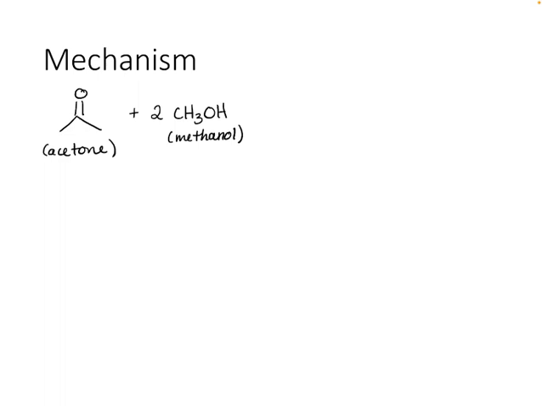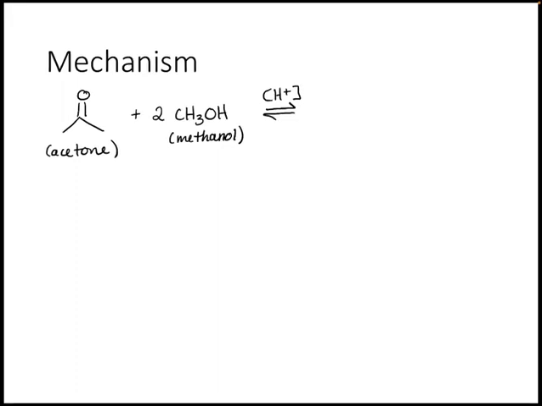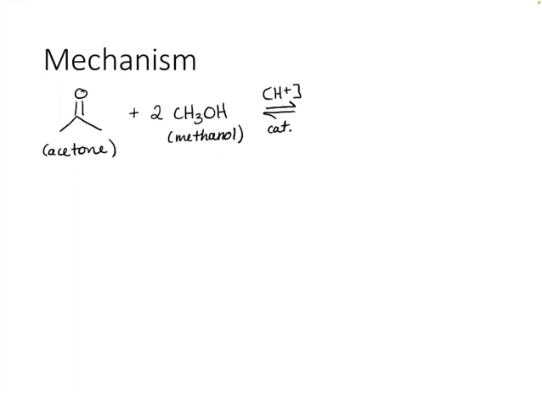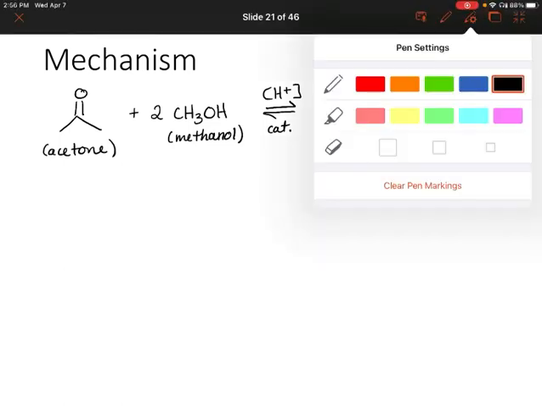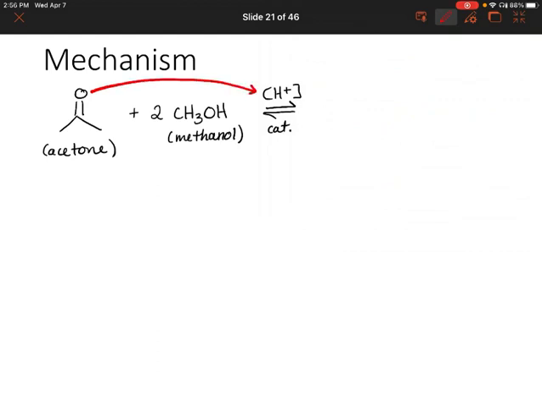All right, and then we are going to use catalytic acid. So maybe we're using sulfuric acid, for example. And the first step, again, because we have acid present, we're going to protonate the oxygen. Okay, and let's draw out our two methanol molecules.